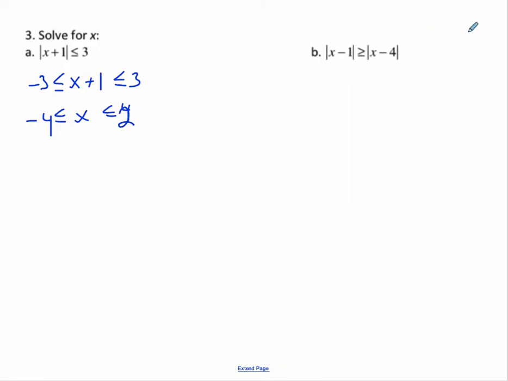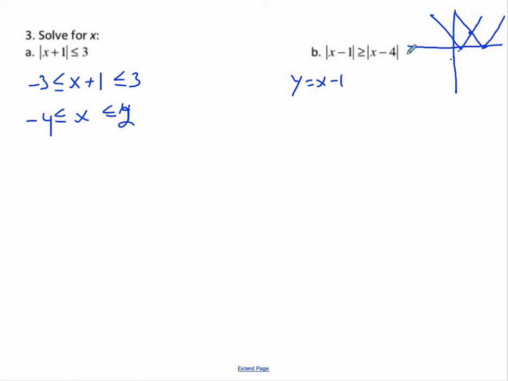Okay, and now this type of thing, we could solve it graphically. Graphically, these are absolute value functions, so they have a V shape. One's centered at 1 and one's at 4. So we can see it's really just the one intersection point, and we can get equations for both of these lines, right? We could say this line here is y equals x minus 1. It's going to have a y-intercept down at negative 1.